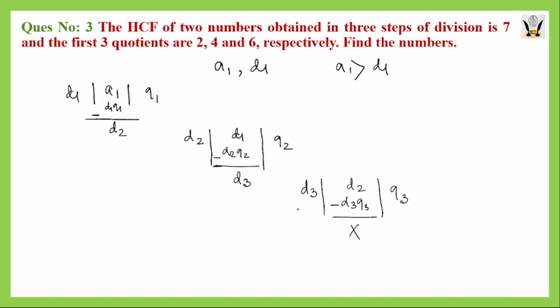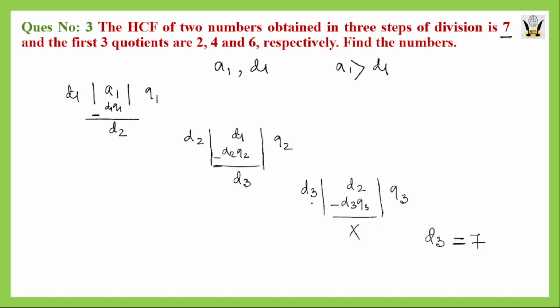As we have three steps, D3 is the divisor in the final step, the third step. So the value of D3 is the HCF. HCF is given and that is 7, so the value of D3 will be 7.